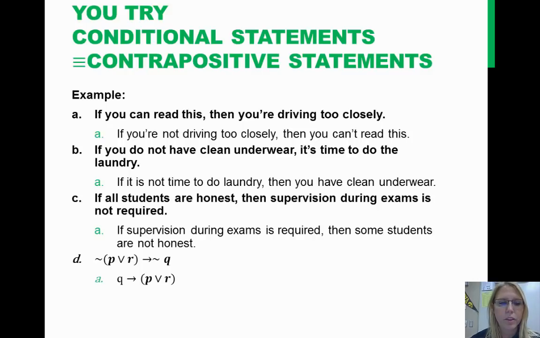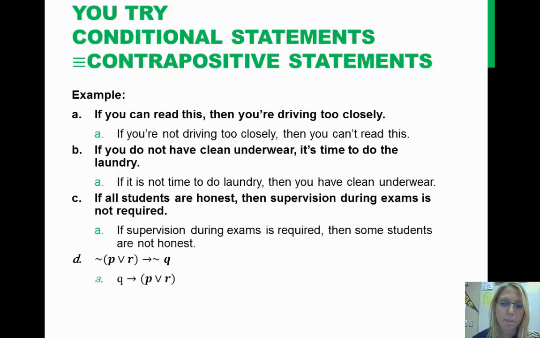So the first one: if you can read this, then you're driving too closely. If we flip those, we have, if you're not driving too closely, then you can't read this. B: if you don't have clean underwear, it's time to do laundry. The contrapositive of that is, it is not time to do laundry if you have clean underwear.